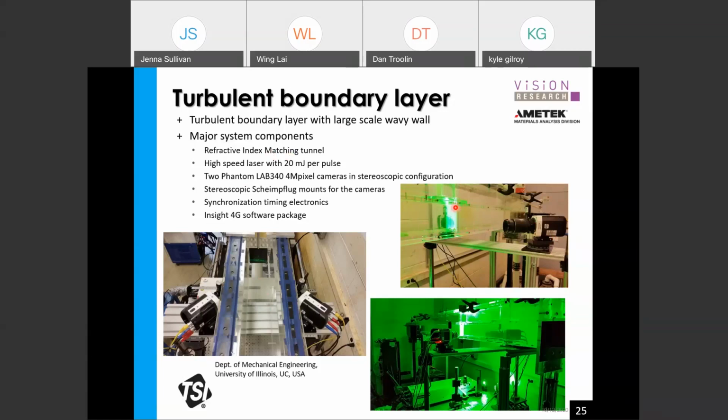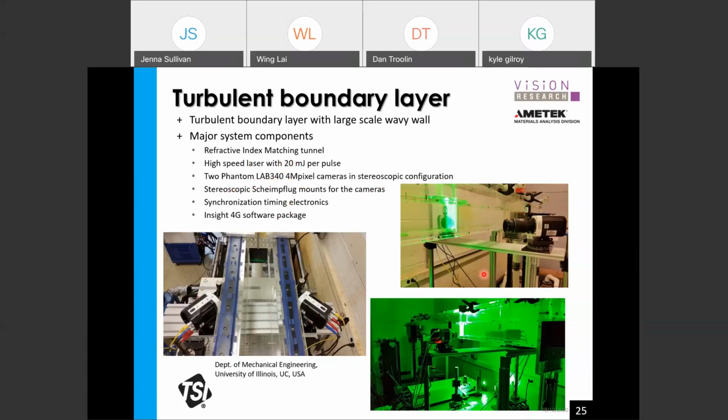So again, going into a little bit more detail, the laser is a high-speed laser with 20 millijoules per laser pulse. The two cameras are 4 million pixel cameras, again in this stereo configuration. The stereo Scheimpflug mounts are used for the cameras as shown over here, together with the timing electronics and the INSIGHT 4G software package.